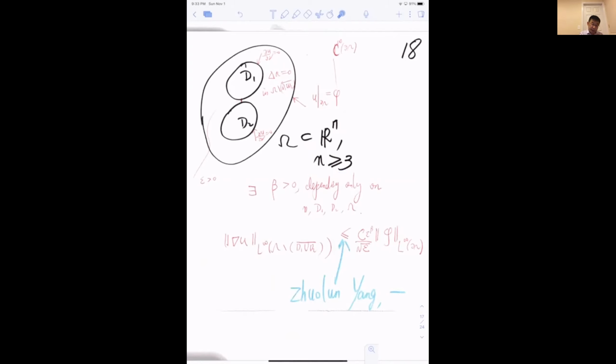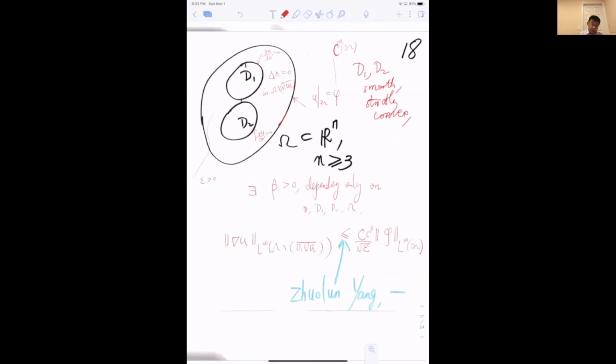So we take any two smooth, strictly convex domains, D1 and D2, of unit size. So it's not related to epsilon. This is also unit size.